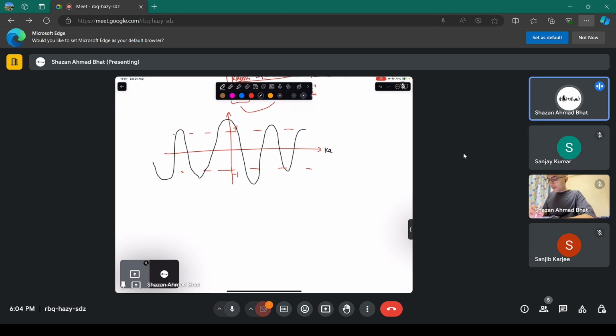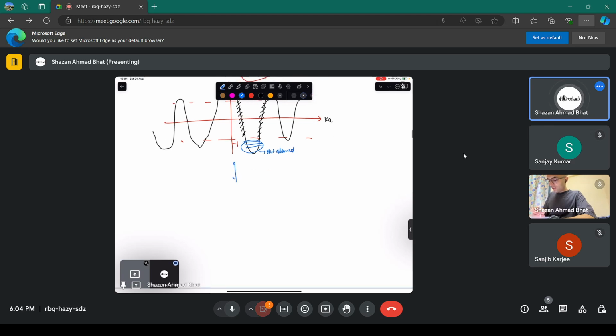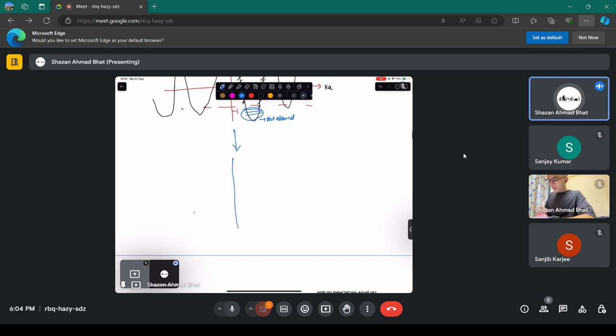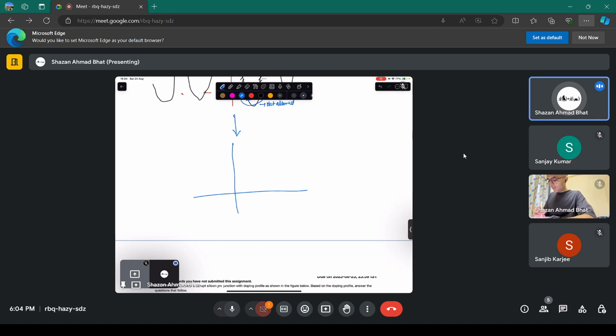There you say that all of these values are allowed energy levels, and if something is in between, these are not allowed energy values, and you transition into something called the extended zone representation of the band diagram, where you get bands like these.